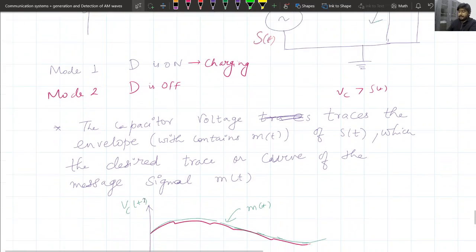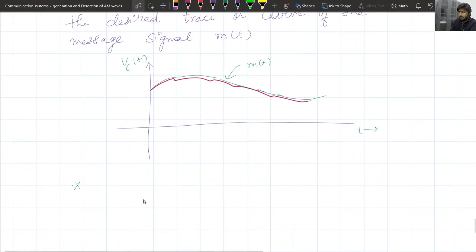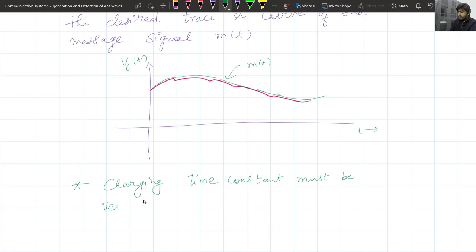The idea behind the envelope detector is that the charging time constant must be very low, that means it must charge very quickly during the on period, and the discharging time constant must be higher.